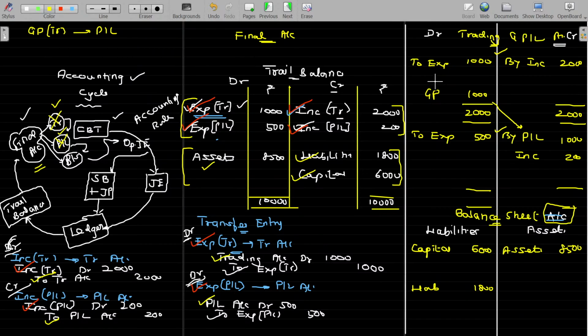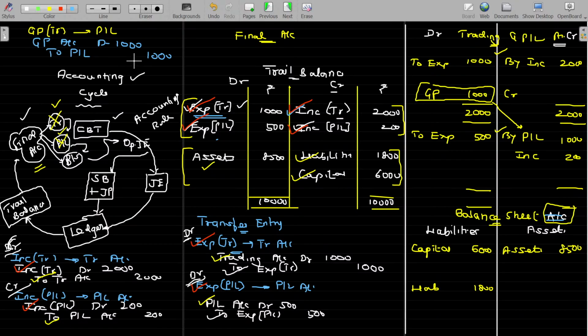Debit. Yes, GP is left with what? Credit balance. Isn't it? Profit is a credit balance. As it is a credit balance, that should now be transferred, meaning it should be debited. So GP account is debited to P&L account. So by passing this entry, we can transfer the GP of trading account to profit and loss account.